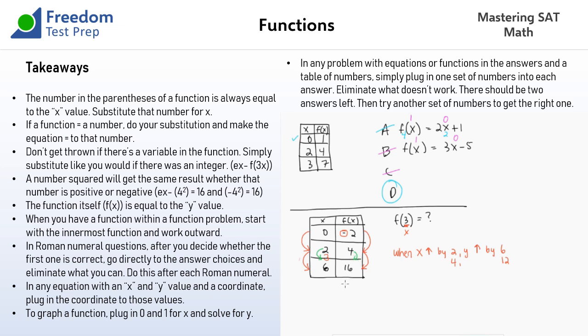Okay, now we can actually get into a little bit of proportion, right? We can have x's on the top and y's on the bottom. So when x goes up by 2, y goes up by 6. If x goes up by 1, y goes up by what? And we cross multiply, and we get 2x equals 6, x equals 3.